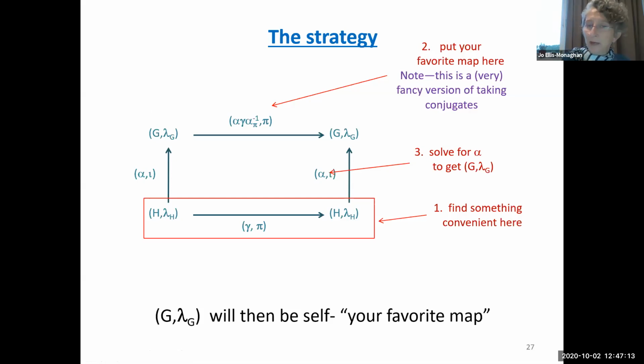Because of the group operation, there's this nice commutative diagram that lets me put a well-behaved graph down here and solve for an element here that will get me the graph with the desired property. This reduces the problem to part one, find something convenient to put here.